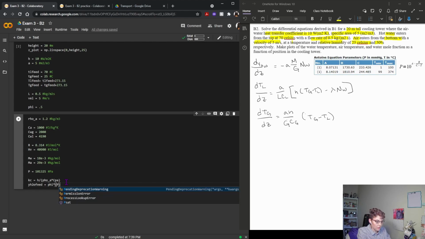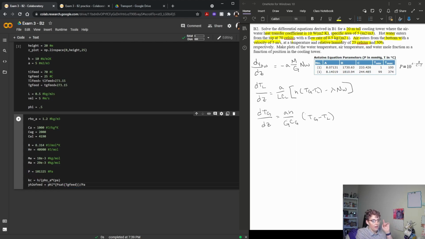So we're going to call that function, and we are going to use the temperature of the gas in the feed, and then we need to divide by the total pressure, or our atmospheric pressure, which is 1 atmosphere, or 101,325 pascals.